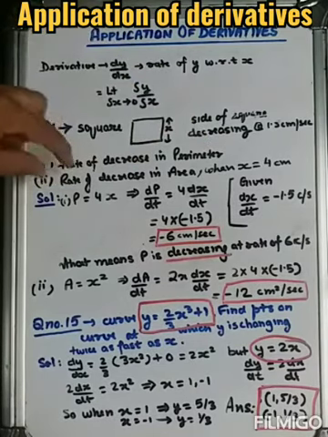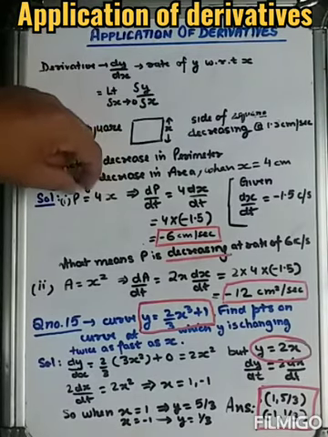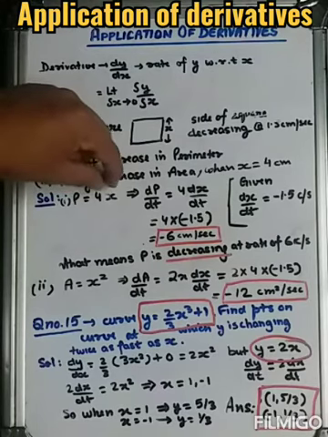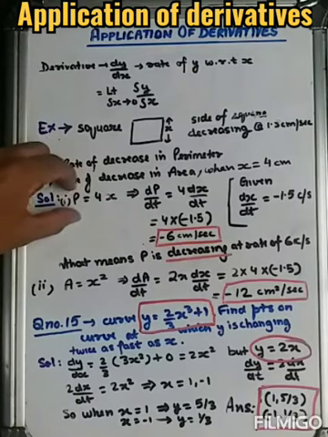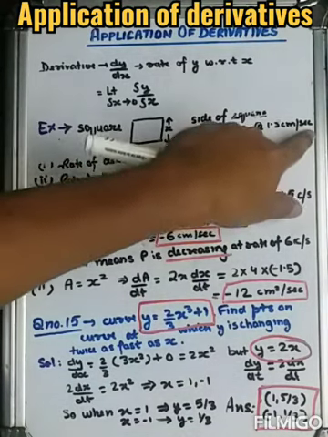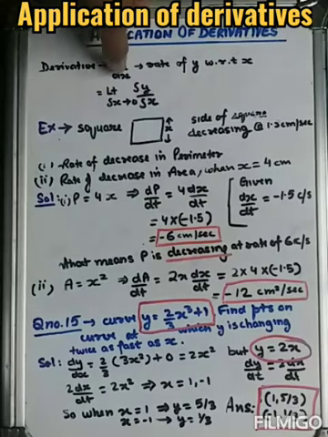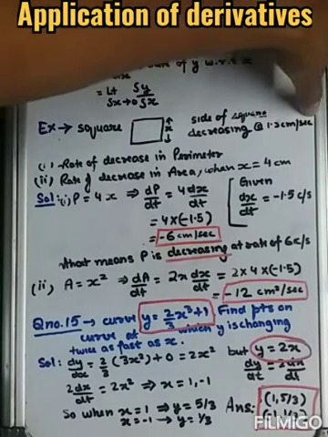So we are going to take out the change in perimeter. The perimeter formula in case of a square is 4x, 4 into side. Differentiate both sides. Whatever is in the denominator is the element. Here the second is the unit of time.